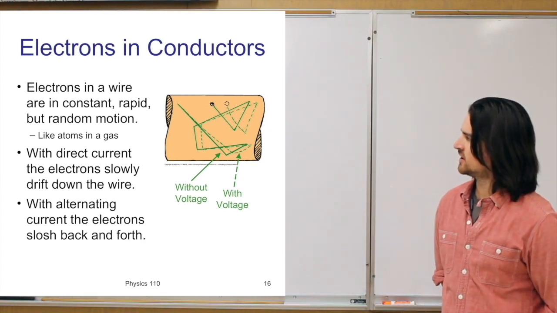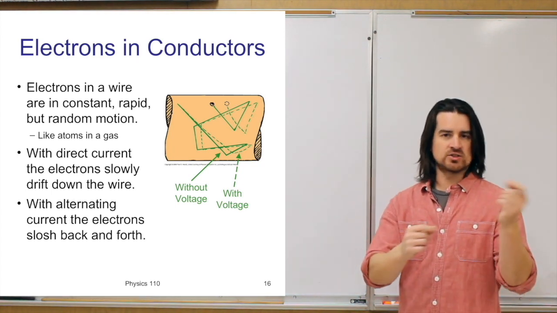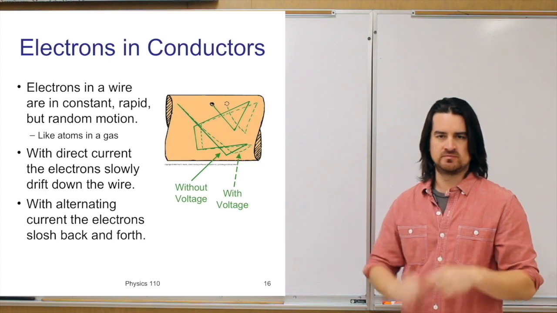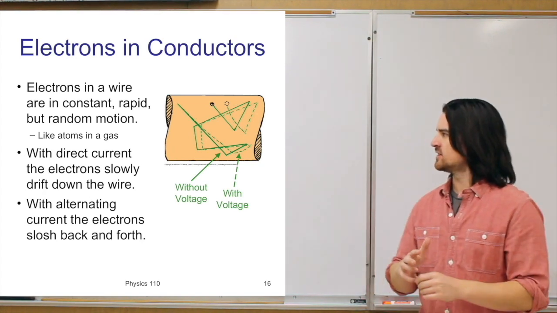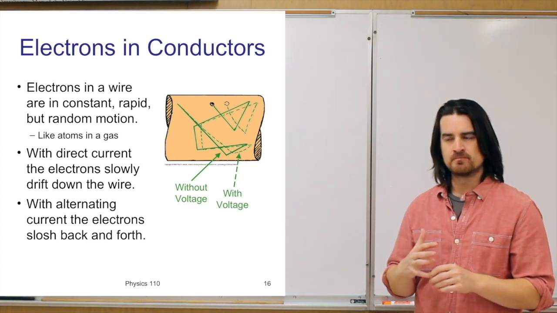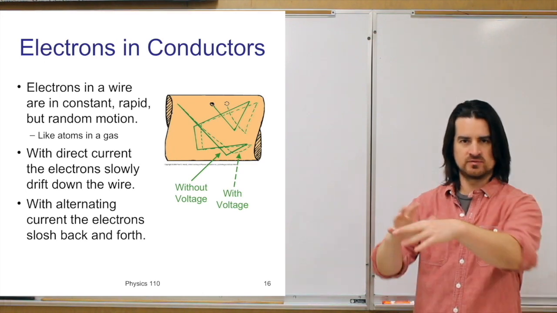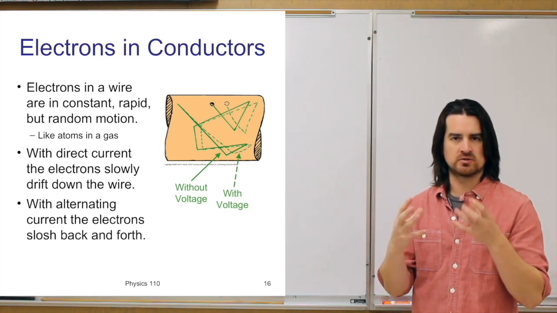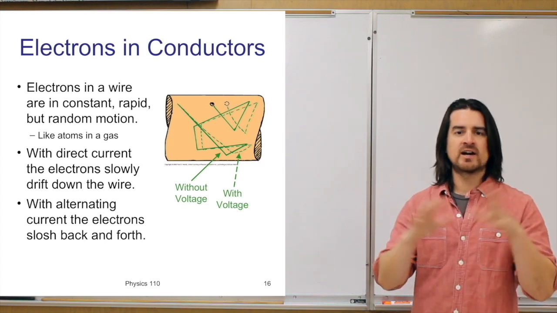Just like atoms in general, electrons are in constant motion. They're perpetually moving around. In a conductor, one thing that makes it a conductor is that the electrons that are part of the atoms that make up that conductor, generally metals, are pretty free to move around the entire conductor.